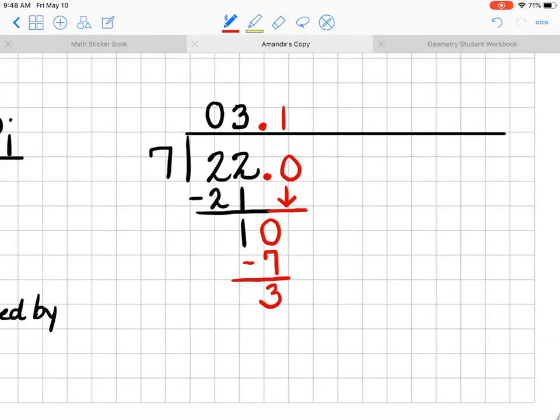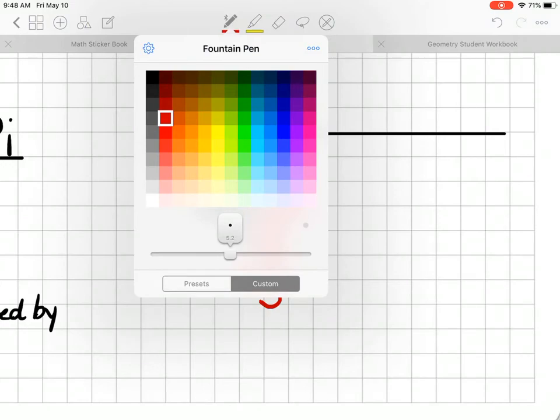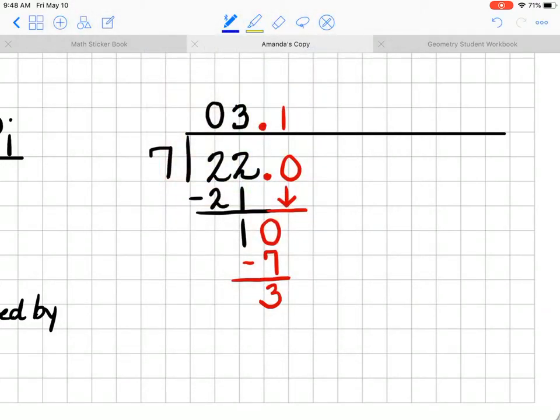Teacher said, let's keep going. Let's see if we can get this to come out evenly. So I would add another 0 and drop it way down here. And so then I'm doing 7 into 30, which is 4 times. And 4 times 7 is 28. And then I subtract and I get 2.